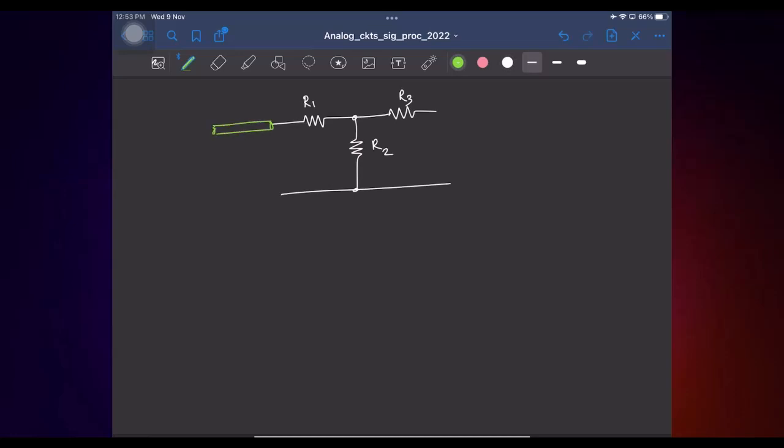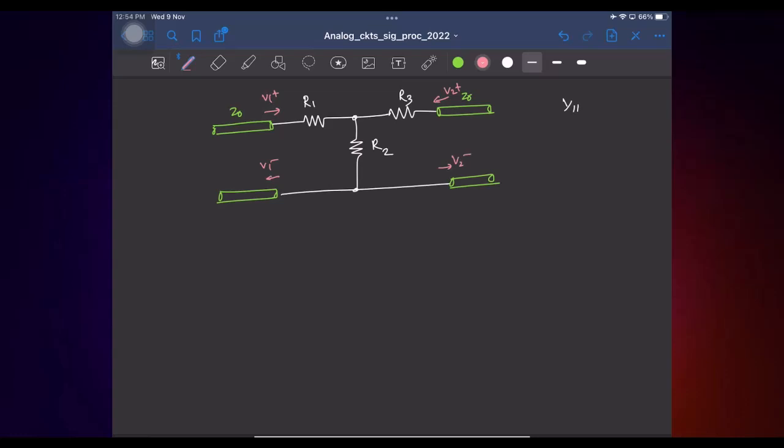Again, assume that you have cables with characteristic impedance Z0. Let me just do for S11, and let me mark the voltages first. This is V1 plus, V1 minus, V2 plus, V2 minus.